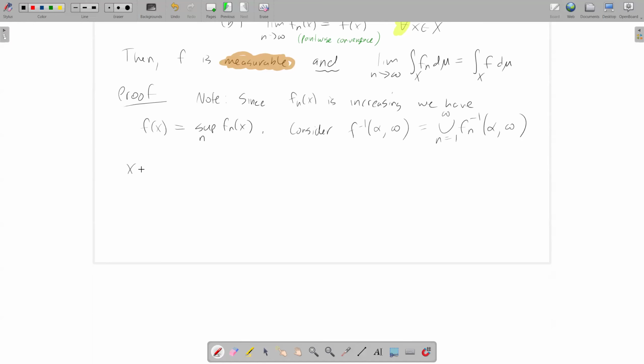If x is in Fn inverse of alpha to infinity, then that means that Fn of x is between alpha and infinity, and therefore, since f of x is greater than or equal to Fn of x, we have that x is in f inverse of alpha to infinity.